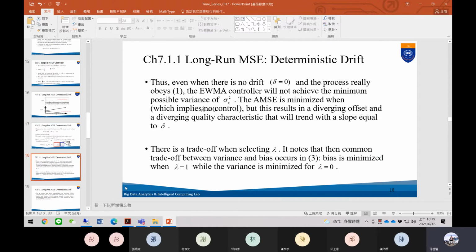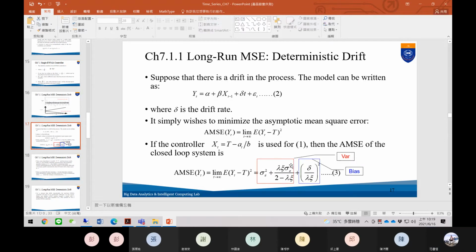So even when there is no drift and the process really obeys equation one, the EWMA controller will not achieve the minimum possible variance of sigma epsilon.